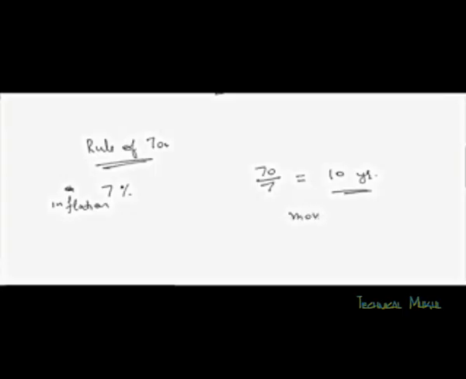So money value is equal to half. You can do this in an accurate way by doing 1.07 raised to power 10, and that will be approximately equal to 0.5. So it takes around 10 years if the inflation is 7% for money to be half.